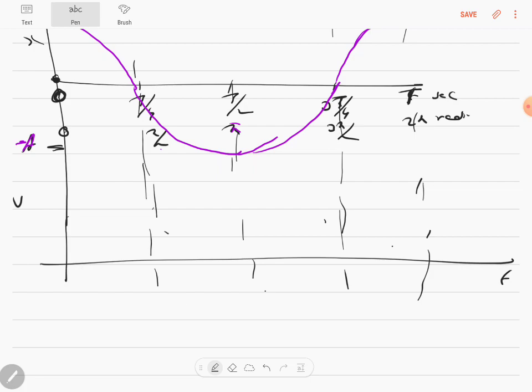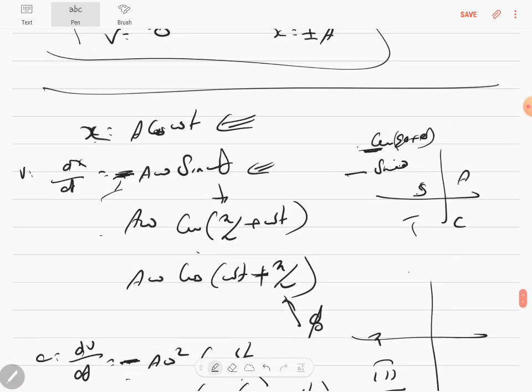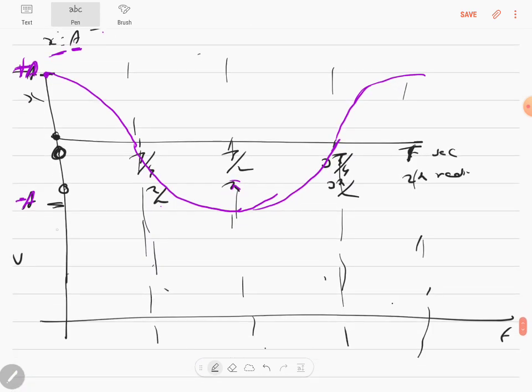In velocity, what was the formula we got for velocity? We got x is equal to a cos omega t, so v is equal to minus a omega sin omega t. Correct? So at omega t equal to 0, sin 0 is 0, so the velocity graph is 0.